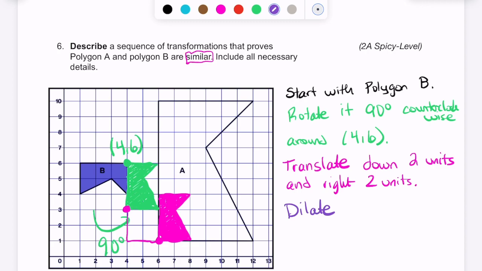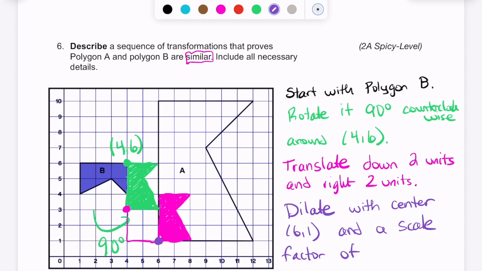Okay, if I dilate this point, (6, 1), that is going to be my center of dilation because that point is already where I want it to be. So I keep that there. So dilate with center (6, 1), and a scale factor of, well, let's see, how many times bigger do these side lengths need to get?